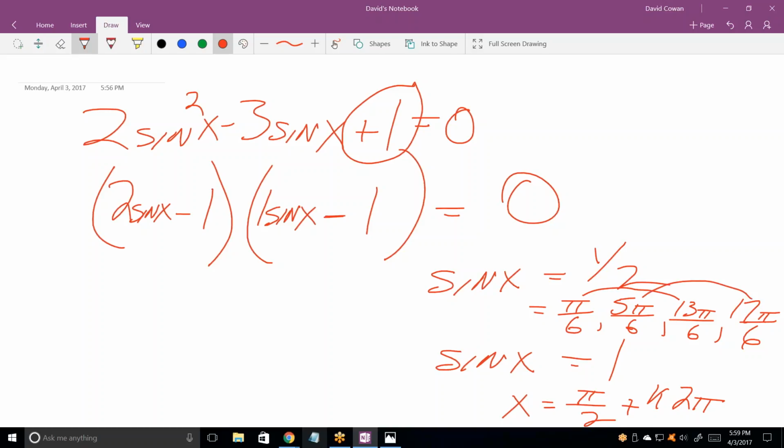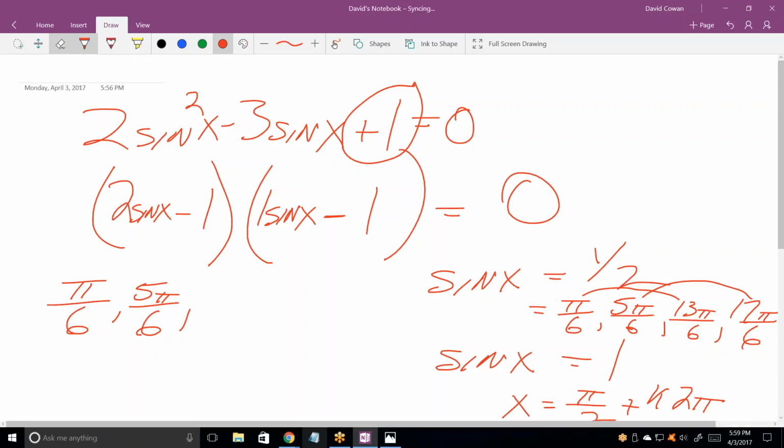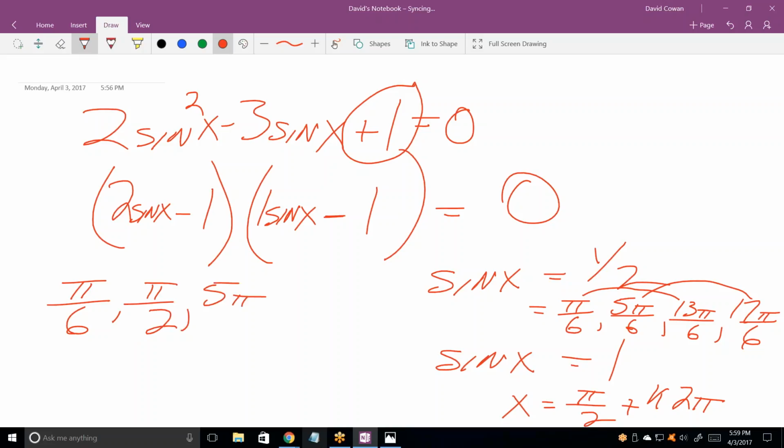Okay. Now if I were to lay out my answers, I got pi over 6, I got 5 pi over 6, I got, there's a pi over 2 in there. Pi over 2, if I put them in order. And I got 5 pi over 6. And then I got 2 pi.